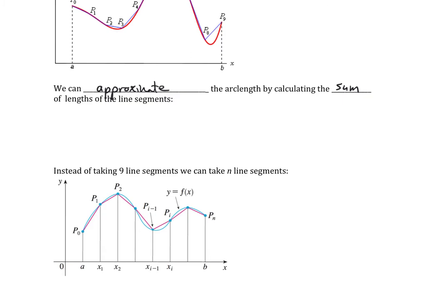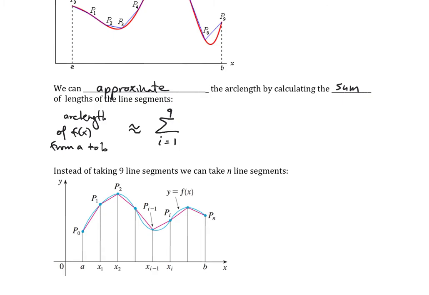We're going to say the arc length of f of x from a to b is going to be approximately equal to the sum as we count the number of line segments going from 1 to 9.